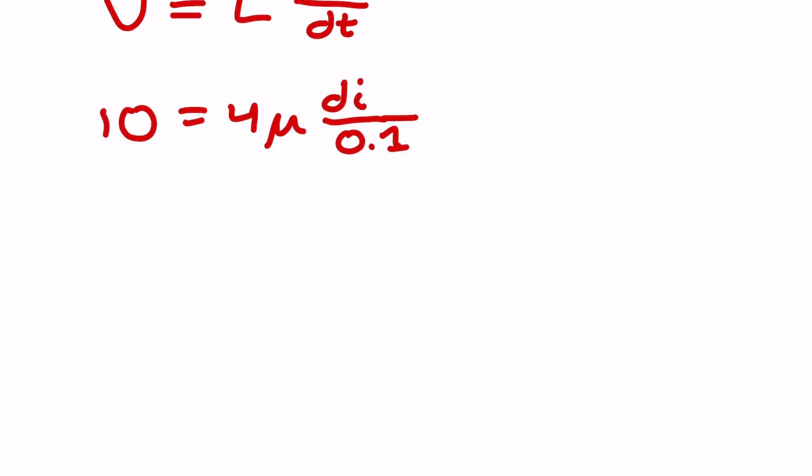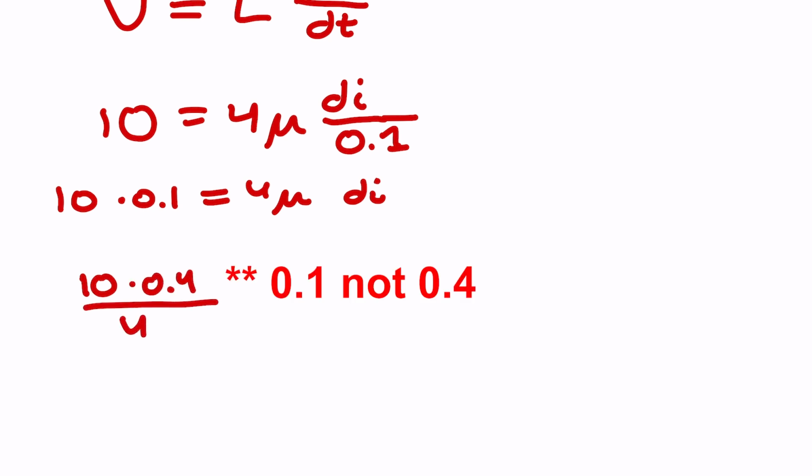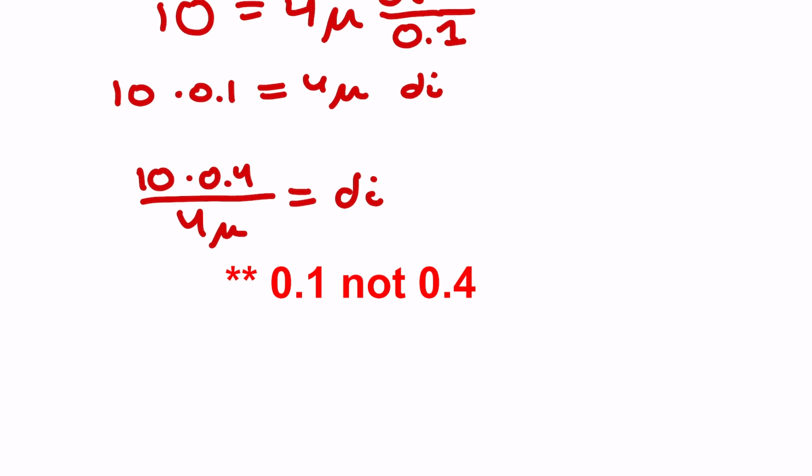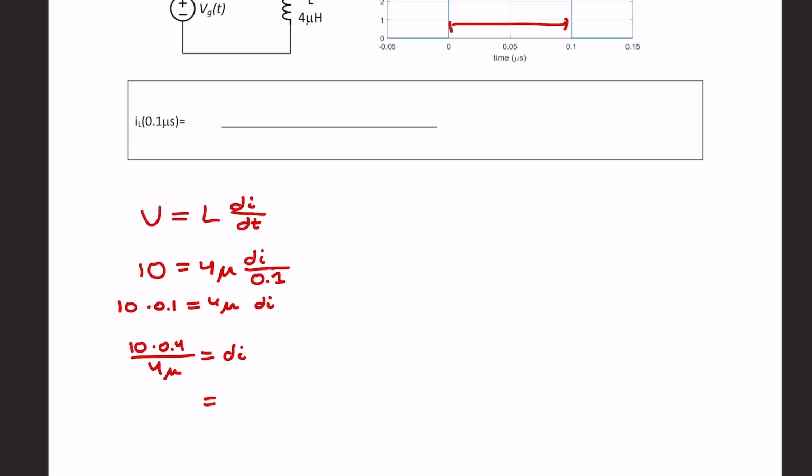We can multiply both sides by 0.1, and then we can divide both sides by 4 microhenries. And now what you'll realize is we get our change in I over these seconds.